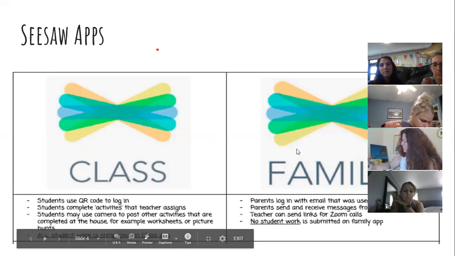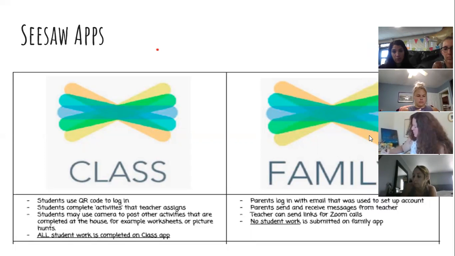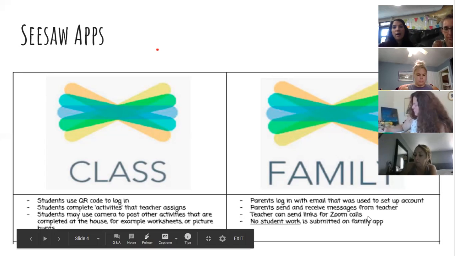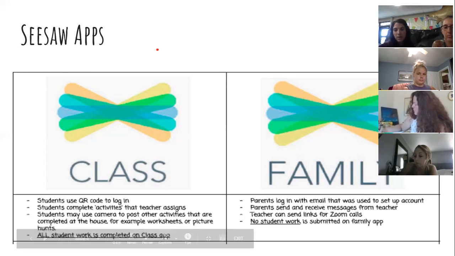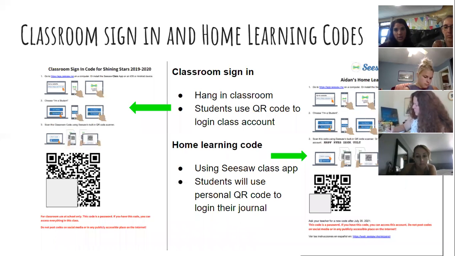Seesaw Family is what parents download. So parents log in with their email. That's how you send and receive messages in between, and you can send links, and that's not where student work is done. So it'll look like this.